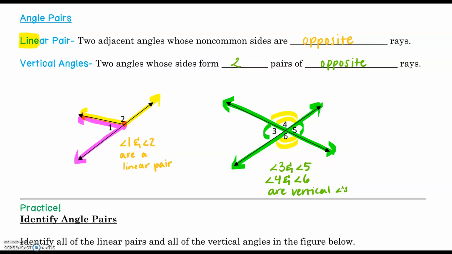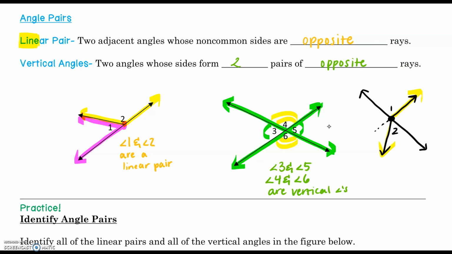Now I just want to point something out. If I were to draw angles like this, right, and to label them angle 1 and angle 2, although these angles are across from each other, across the vertex from each other, right, these are not considered vertical angles because their sides don't form opposite rays. This side and this side do not go in exact opposite directions.